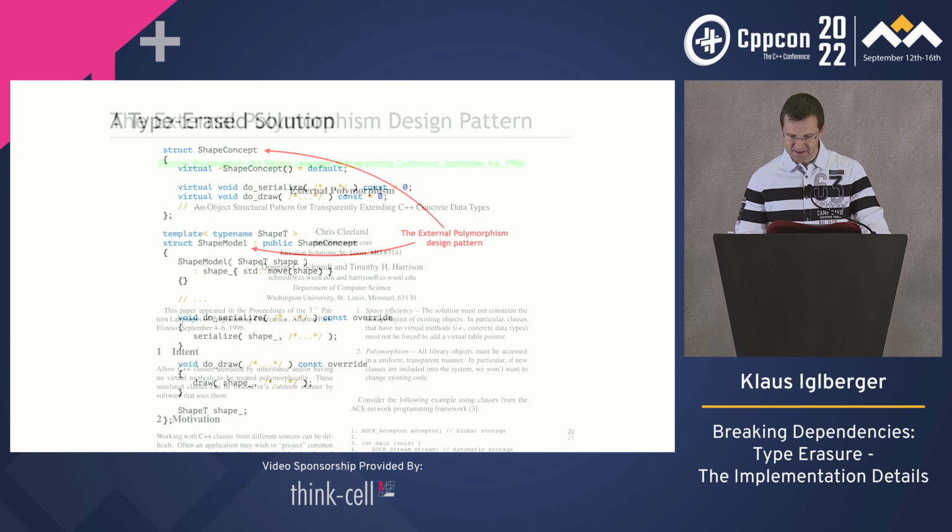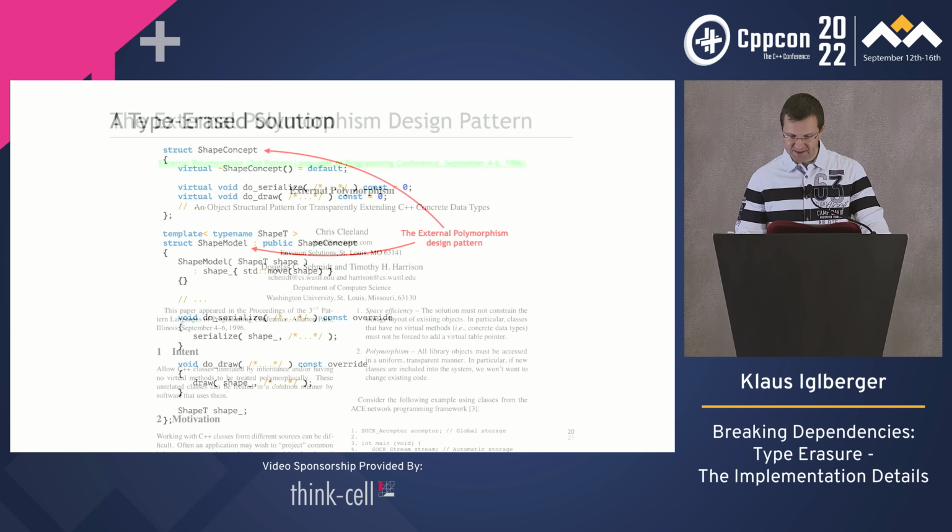Let's clean this up by actually moving towards the type erasure design pattern. And the primary idea is that I put all of this complexity into a wrapper. And this is what I call shape. The shape wrapper, now in the private part, contains these little two classes, the shape concept and the shape model. Just as we had them before, exactly in the same form.